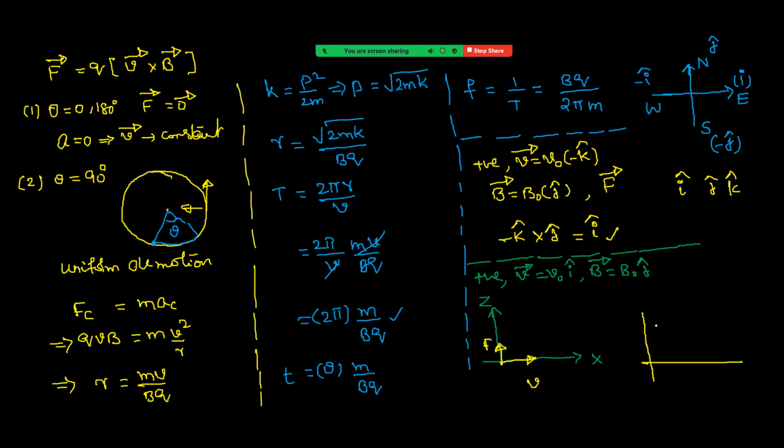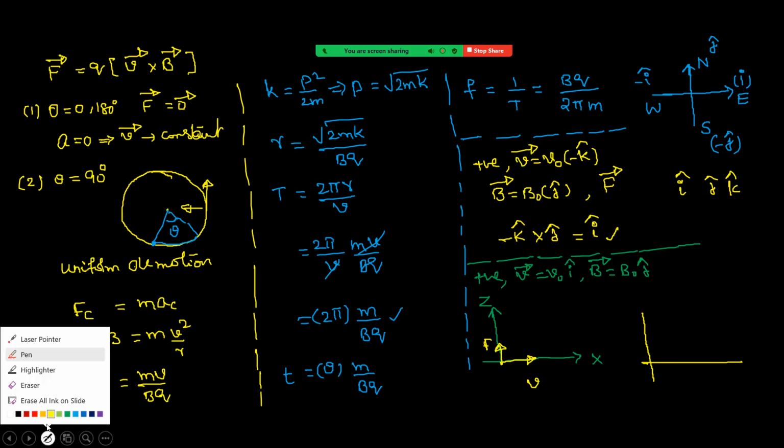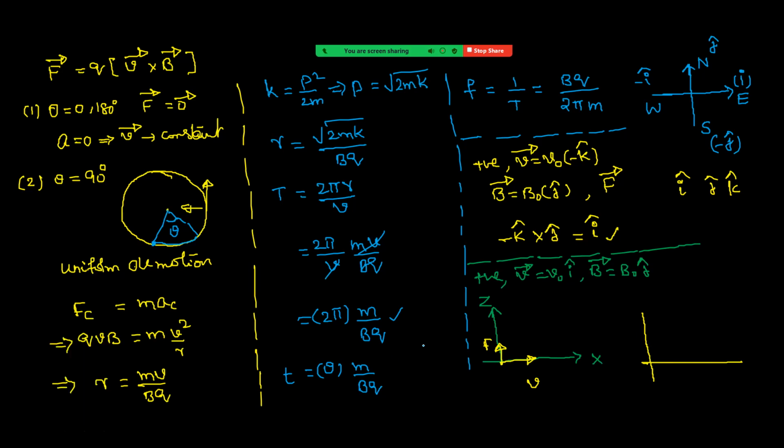Circle is now starting from origin. So circle is now like this. Okay. It is anti-clockwise. This is x and this is z, right? So motion is confined to xz plane.